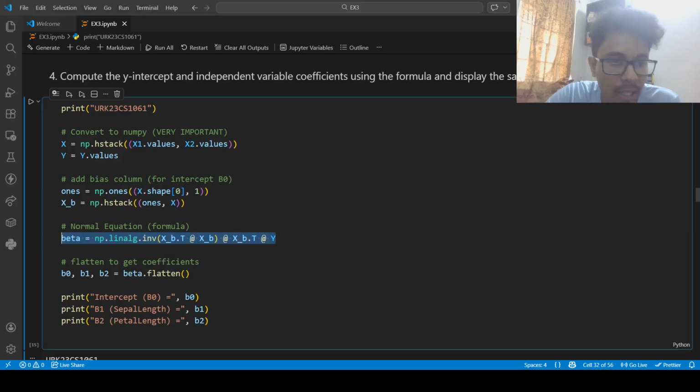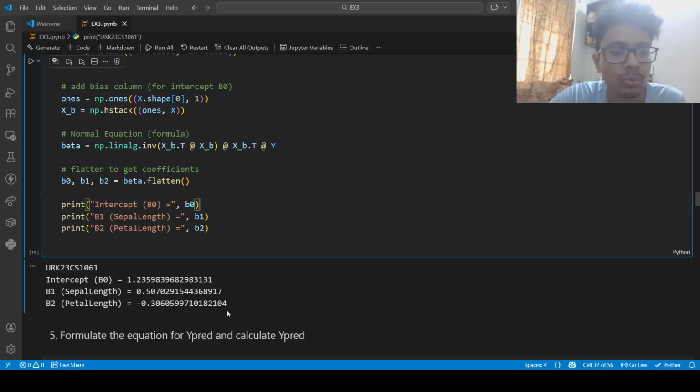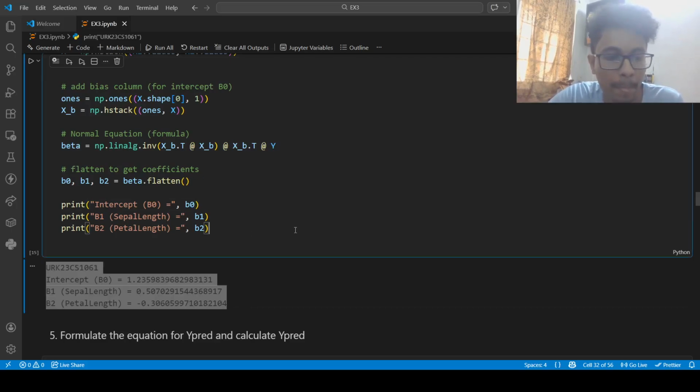With that equation, first I convert this into numpy, it's very important, and after that I add a bias column. After adding the bias column, I use it in the normal equation and flatten it to get the coefficients. With that, I get B0, B1 and B2. So here are the values for that.